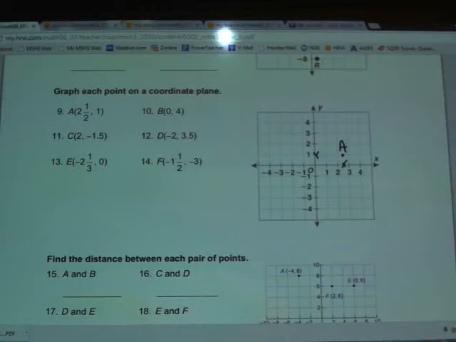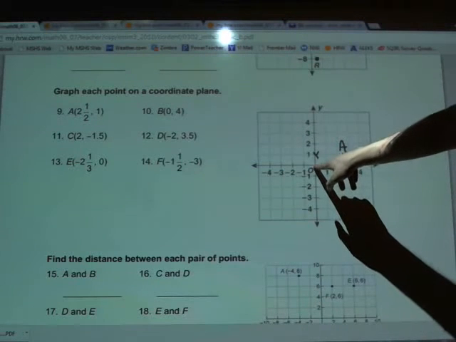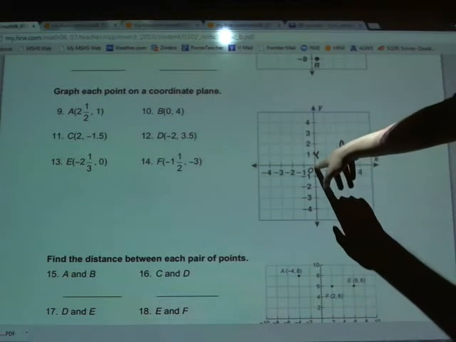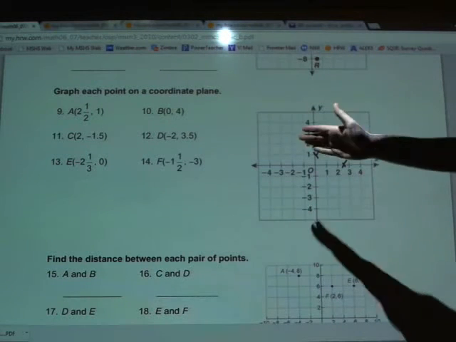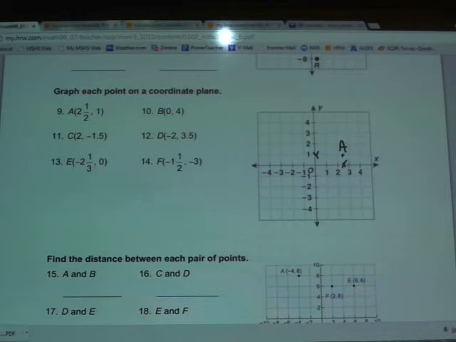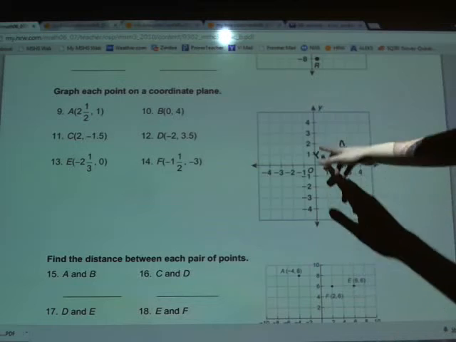Now if we take a look at number 10, in number 10 they're asking me about the point 0, 4. So the first number being 0 means I don't actually have to do anything, because remember, the starting place, which is the origin in the very center, is 0. It's 0 on the x and 0 on the y. So since the first number is x, I'm not going to move right or left. The second number being a 4 means on the y-axis its representation is 4.